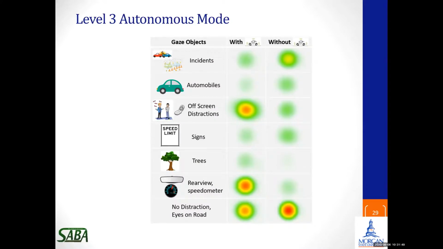So this is the gaze analysis. Off-screen distractions, as you see, when they are in autonomous mode, happen a lot. And no distraction was much less than when we don't have autonomous mode, which makes sense, but then they have to be attentive to take over the vehicle when it's needed.